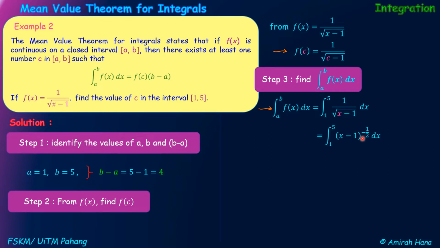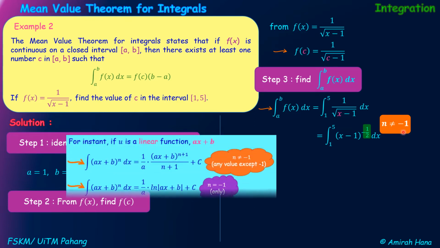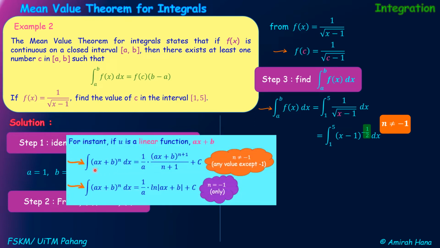Got it? From here we have, in the bracket, a linear function, and then to the power of negative half. Negative half here means n, the power of the given function, does not equal negative 1. What happens when n does not equal negative 1? We can use the power rule.